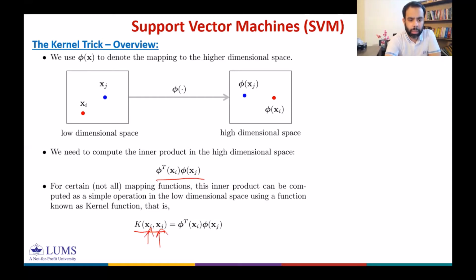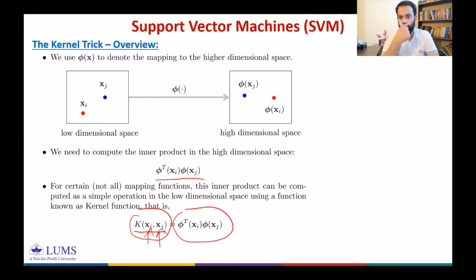This kernel computes the inner product, it returns the inner product that is in the higher dimensional space. If we choose a mapping to a higher dimensional space for which the kernel trick works, we do not have to pay a computational price for the high dimensionality when we find the best hyperplane.